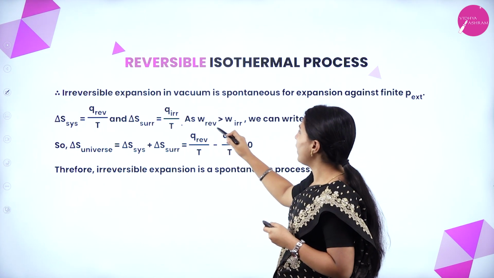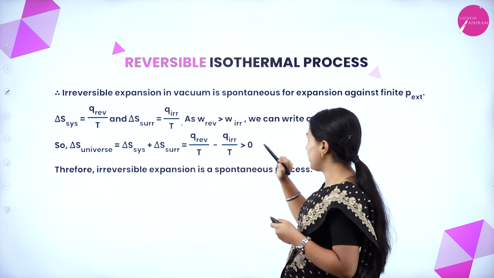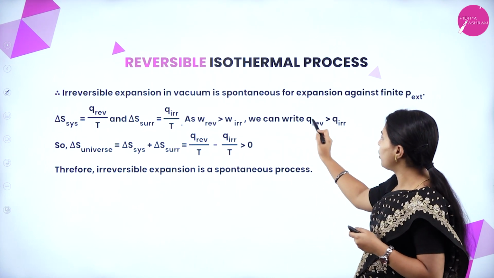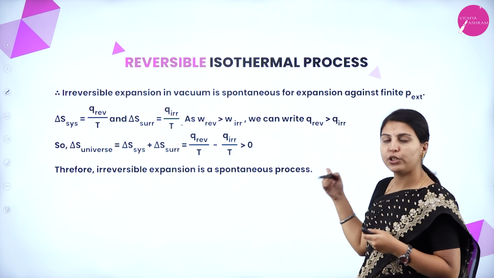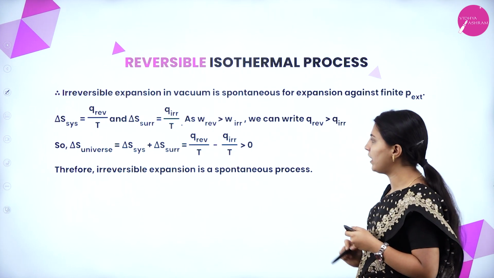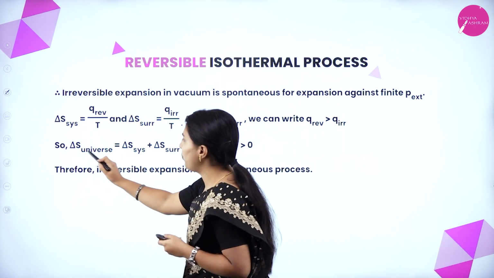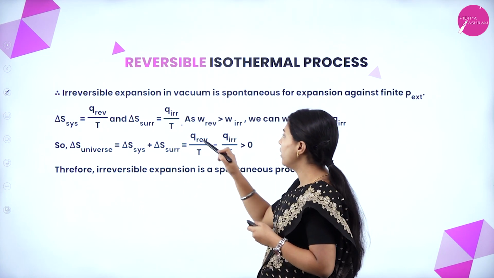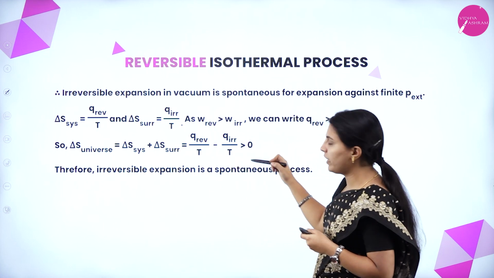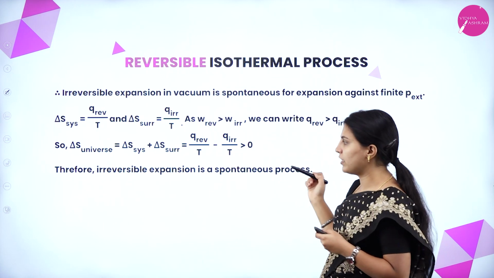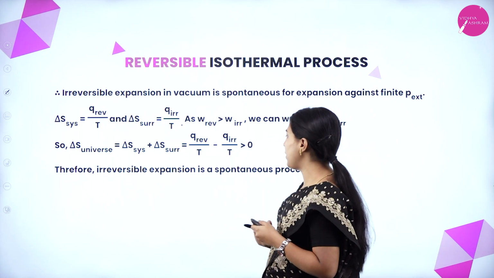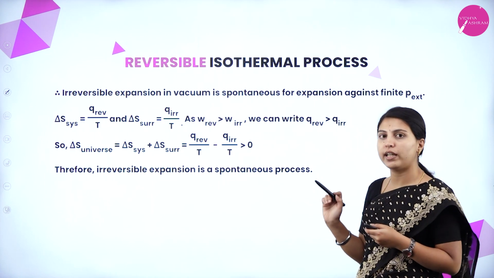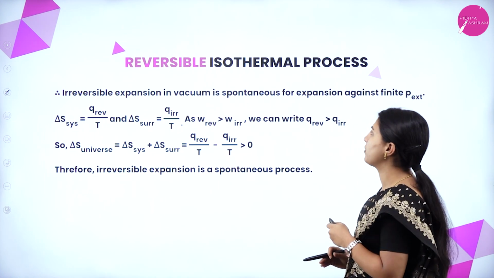As work reversible is greater than work irreversible, we can write Q reversible is greater than Q irreversible. So the entropy of the universe is the entropy of the system plus the entropy of the surroundings, Q reversible by T minus Q irreversible by T, which is greater than 0. Therefore, irreversible expansion is a spontaneous process, not a non-spontaneous process.